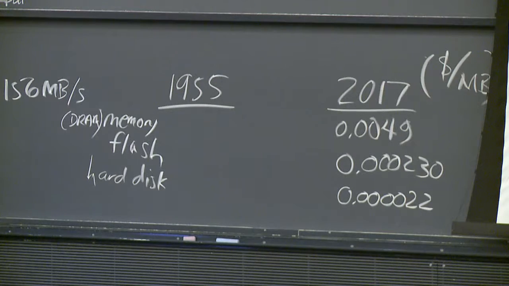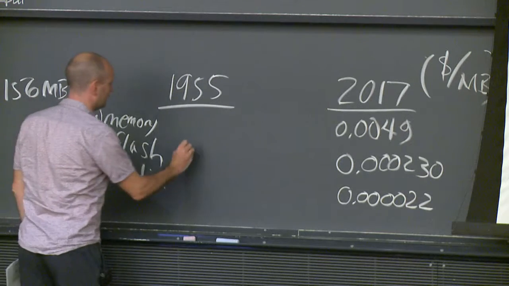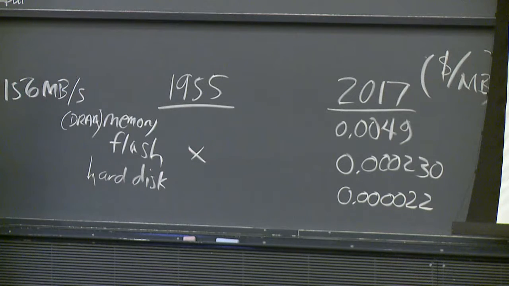Flash did not exist in 1955. Does anybody want to guess these numbers? $30 and $5?